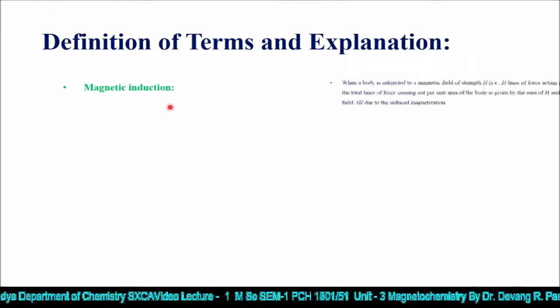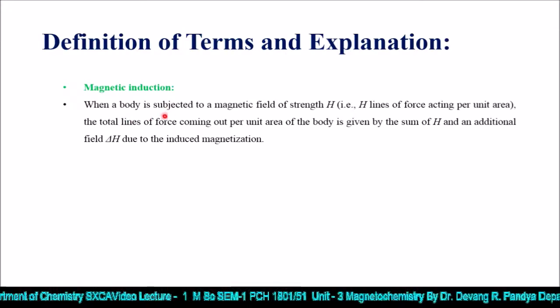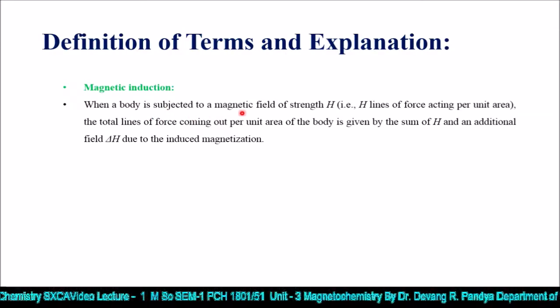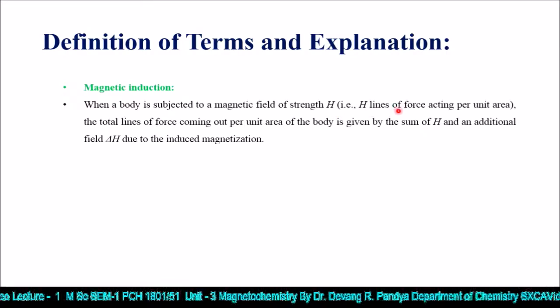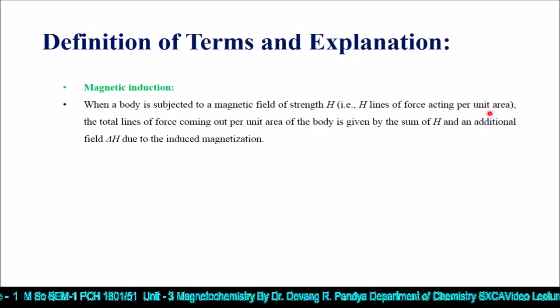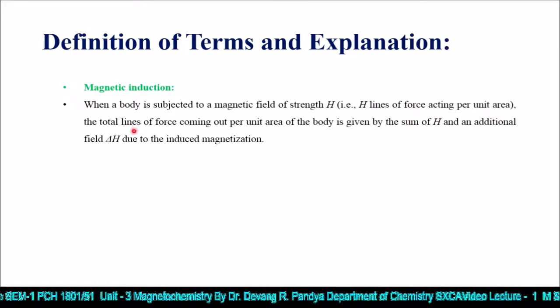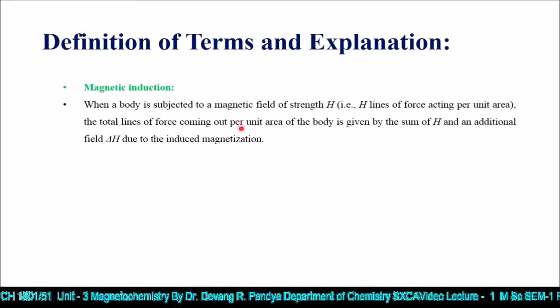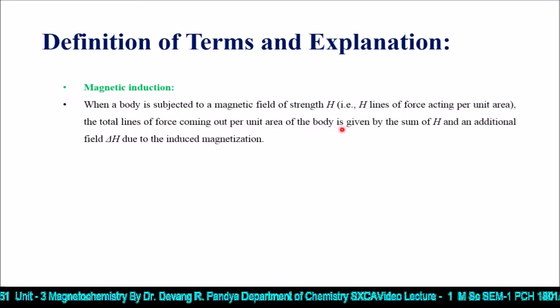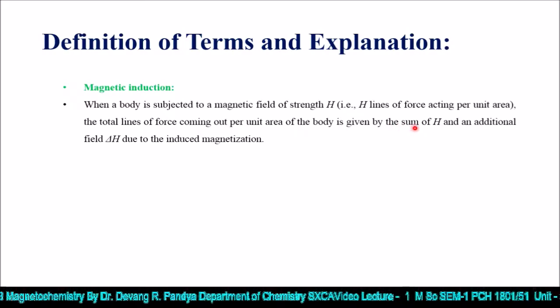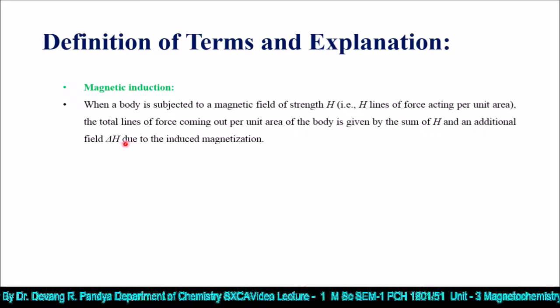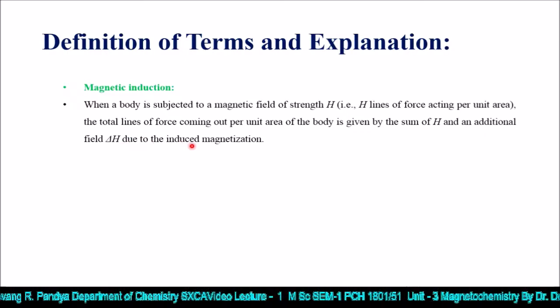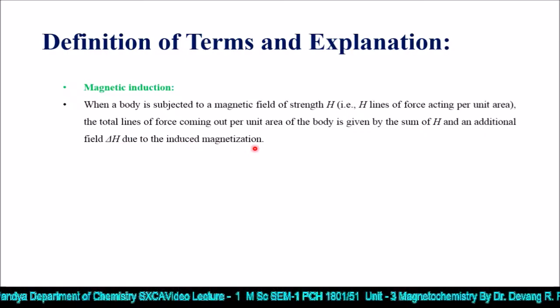Now, magnetic induction, another term. When a body is subjected to a magnetic field of strength H, where H lines of force act per unit area, the total lines of force coming out per unit area of the body is given by the sum of H and an additional field delta H due to the induced magnetization.